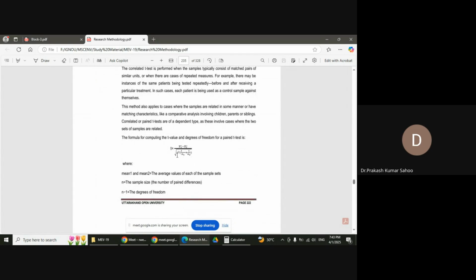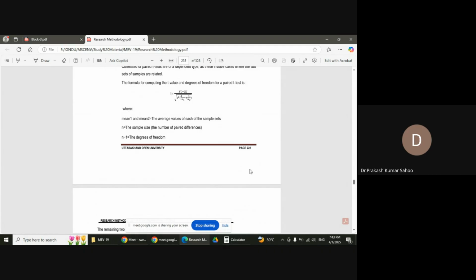So we have the t-test equation here. The t equals x1 minus x2, that is the mean of the first set minus the mean of the second set, divided by the square root of s square, this is the variance, times 1 by n1 plus 1 by n2. Here x1 and x2 are the means, the average value of each set of data. n is the sample size for the first set and second set, and n minus 1, as we know, is the degree of freedom.